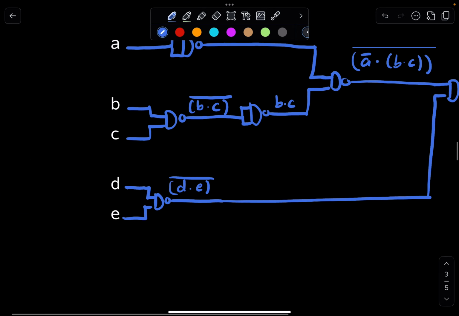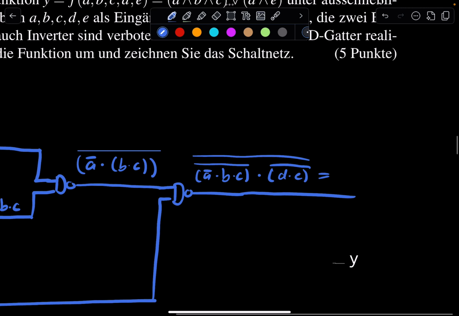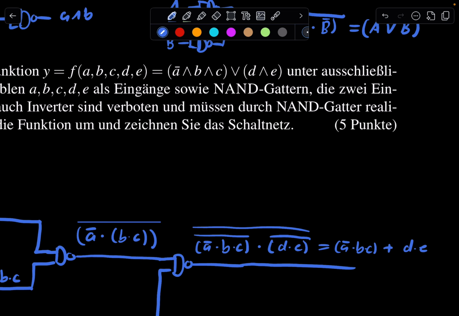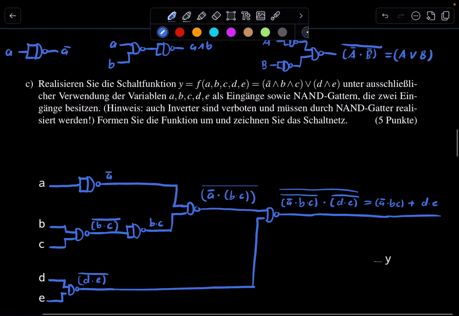And then we have this guy, D and E negated, and we negate the whole thing. And as we know, this will cancel out. And this is going to be a plus, and then D and E. And that is pretty much what we wanted. That's our solution, basically. That's it.